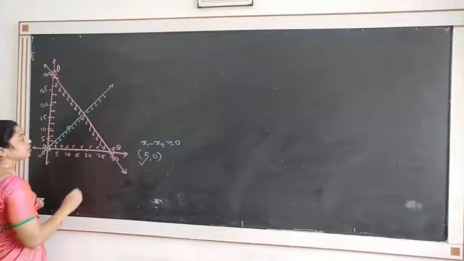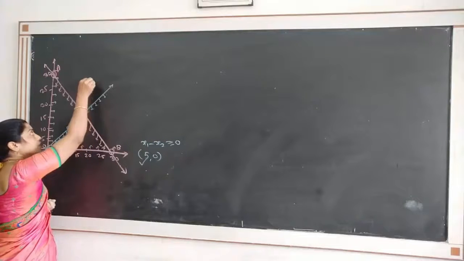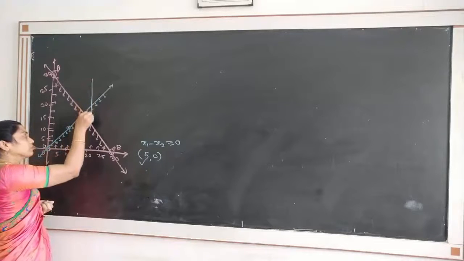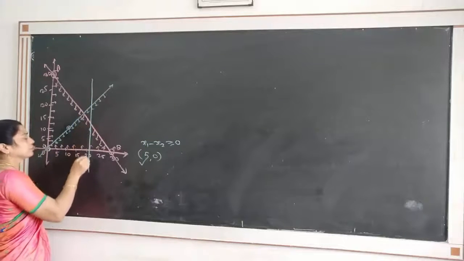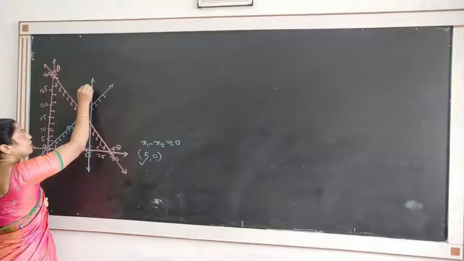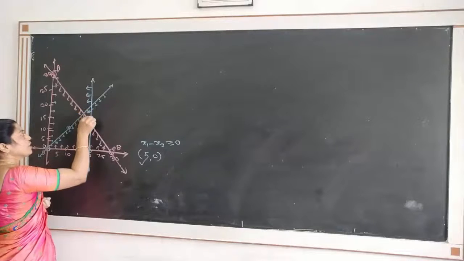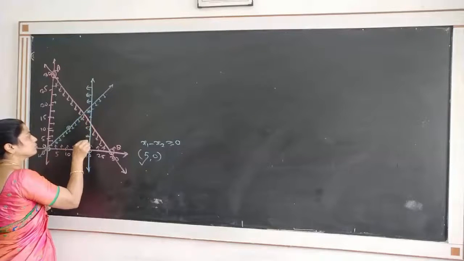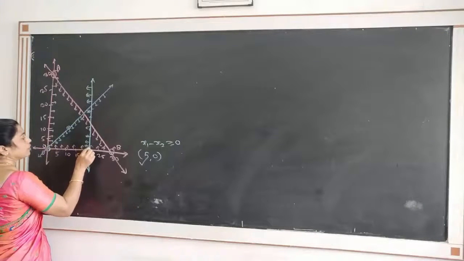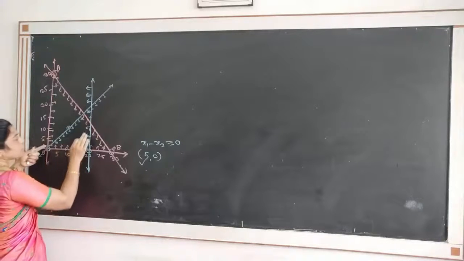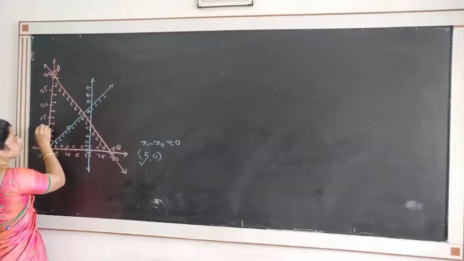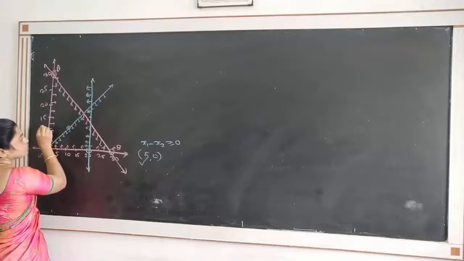Next constraint, that is x1 equal to 20. So this is the region x1 equal to 20. Again, if you put origin, it satisfies, so towards origin. Next one is x2 less than or equal to 12.